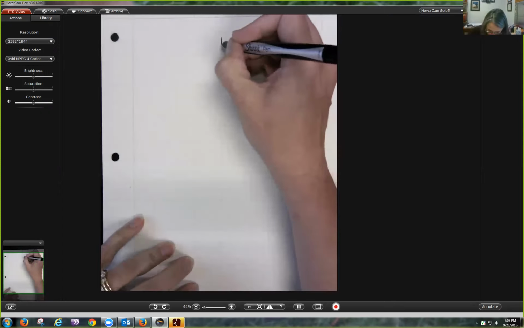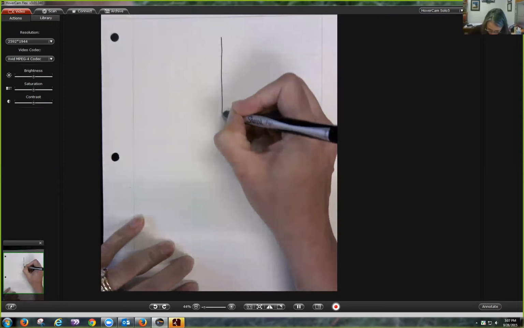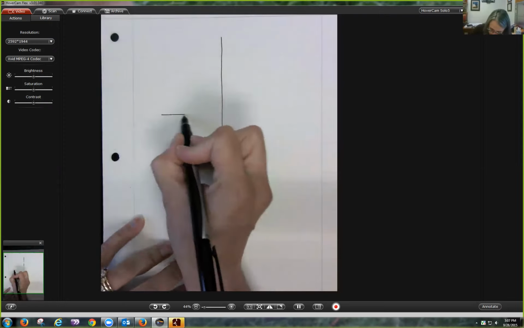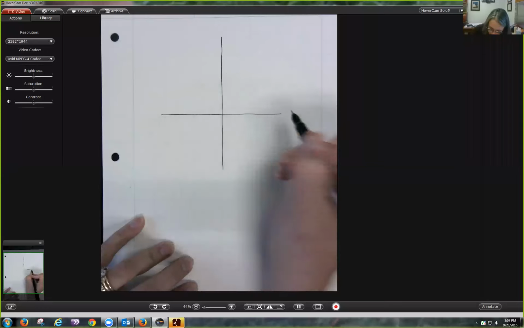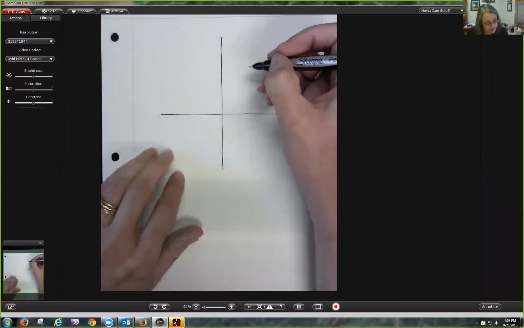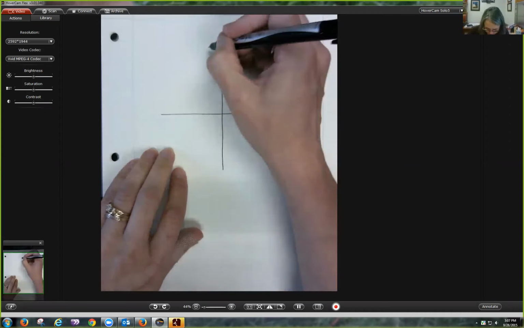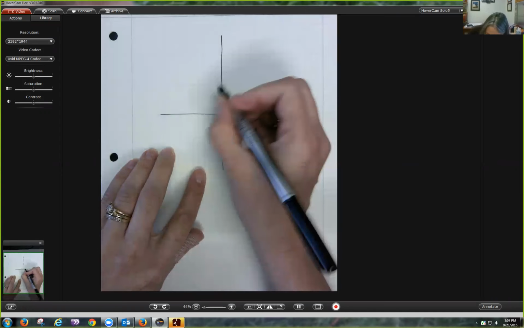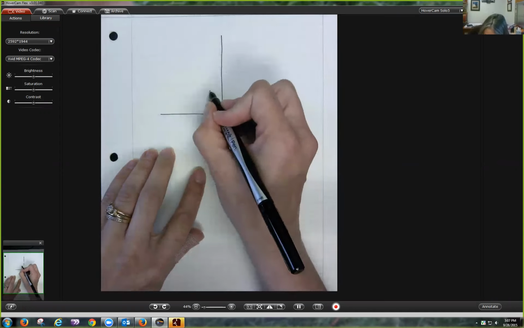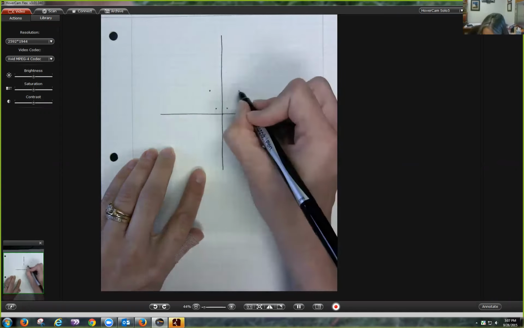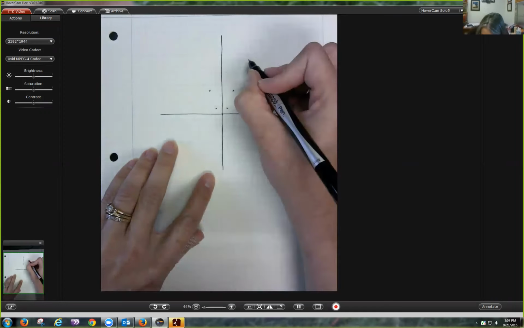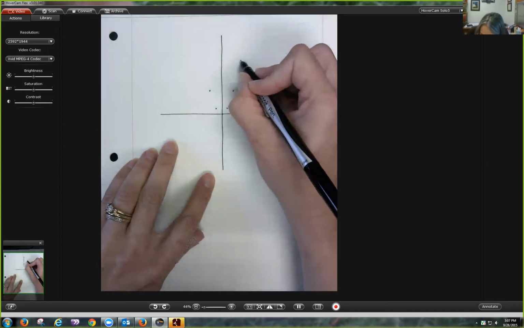So let's take my graph again. Just making a grid. Let's just sketch on here my basic parabola. Well, let's do my parabola, my basic parabola. 0, 0, 1, 1, 2, 4, and negative 2, 4, and 3, 9.